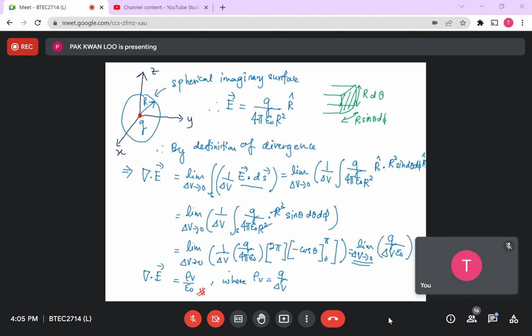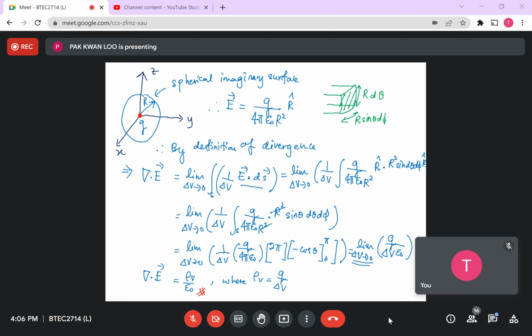As the volume defined by this imaginary surface tends to 0, the divergence of vector E is equal to the charge density at a point, and in general the volume charge density.